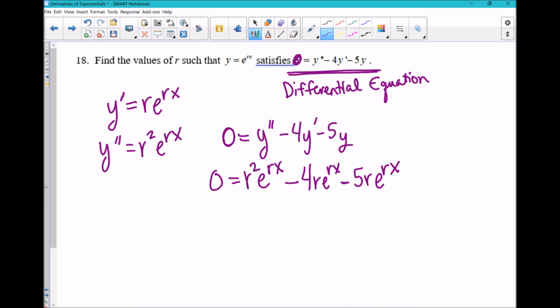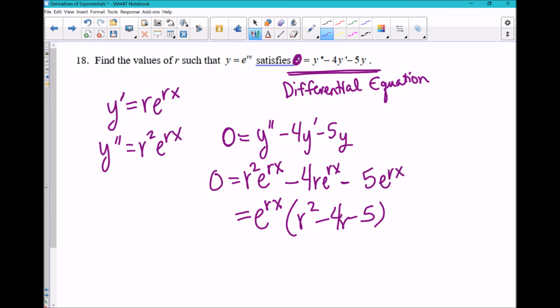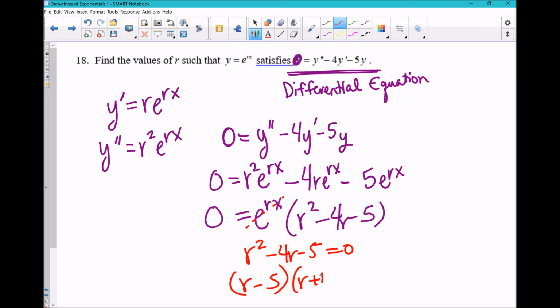All right, let's factor out an e to the rx because it's just in our way, and we're left with r squared minus 4r minus 5. Now, an exponential can never be 0, so we're not concerned with that part. We're concerned with r squared minus 4r minus 5 equals 0. We can factor, use the quadratic formula, whatever, but you end up with r minus 5 times r plus 1.